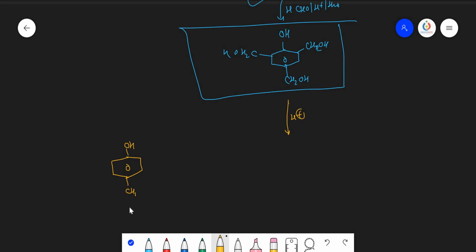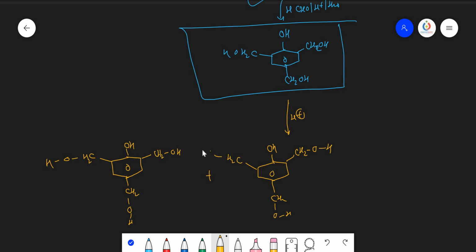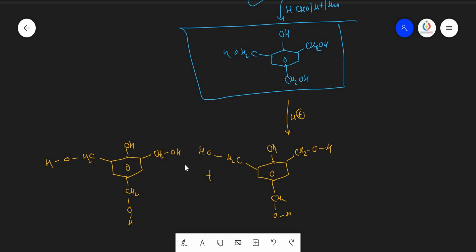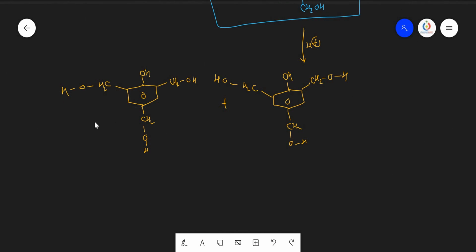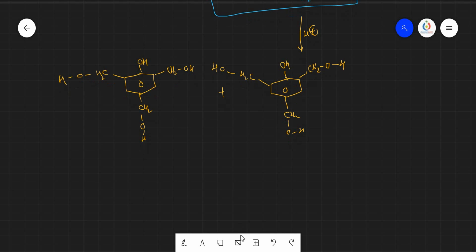OH, CH2OH, CH2OH, CH2OH plus OH, CH2OH, CH2OH, CH2OH. Like this you can take n number of molecules in all the directions. Here you can take, here you can take, here also you can take.